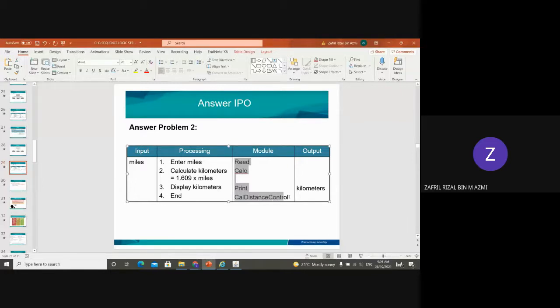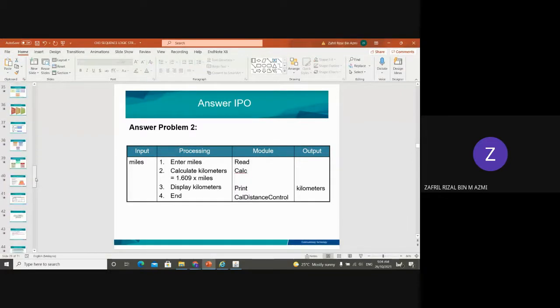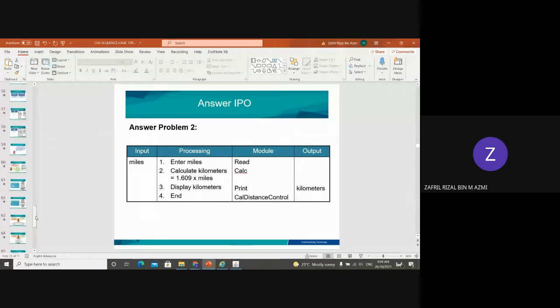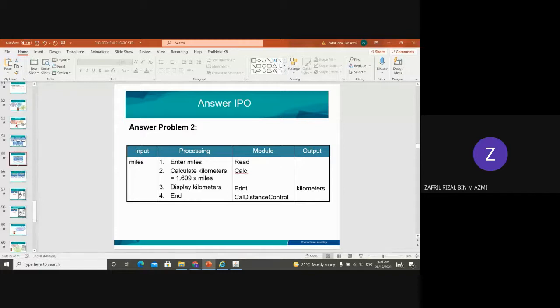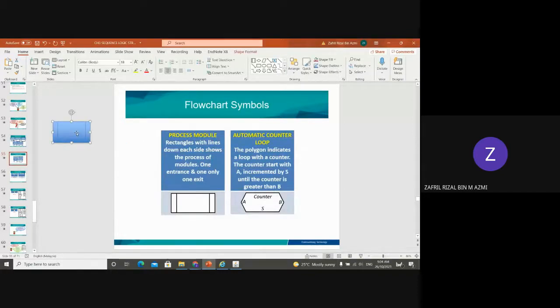So let's say we have four modules. Inside our algorithm, we draw four of this symbol. For example, the first symbol is control. Control is the main module. Then we have calculate.